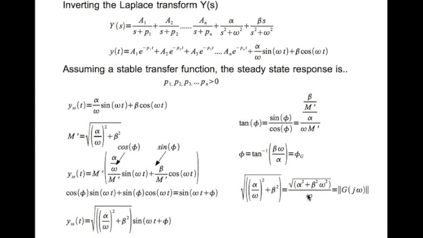Now this, if you recall, is nothing but the amplitude of the transfer function evaluated at omega, and therefore I can write y steady state as the magnitude of G evaluated at j omega times sine omega t plus phi G, which is what I initially set out to prove. So what this essentially says is that a linear time invariant transfer function does not change the input frequency. All it does is magnify or attenuate the amplitude and add a phase.